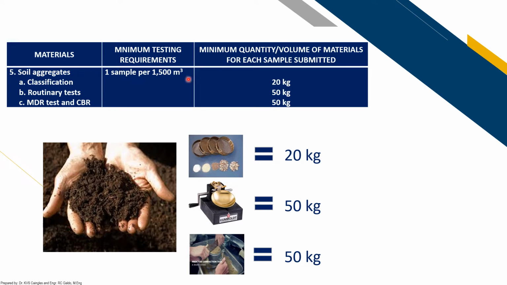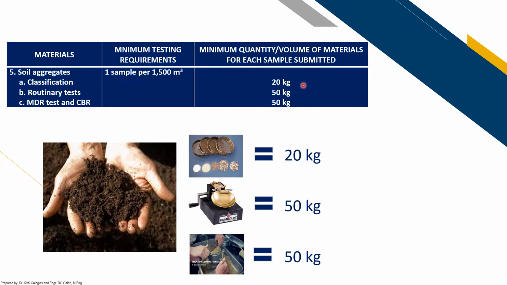Sometimes you may choose only certain tests for soil. For classification you obtain 20 kilogram, for the routinary test 50 kilogram, and for modified compaction and CBR, 50 kilogram.